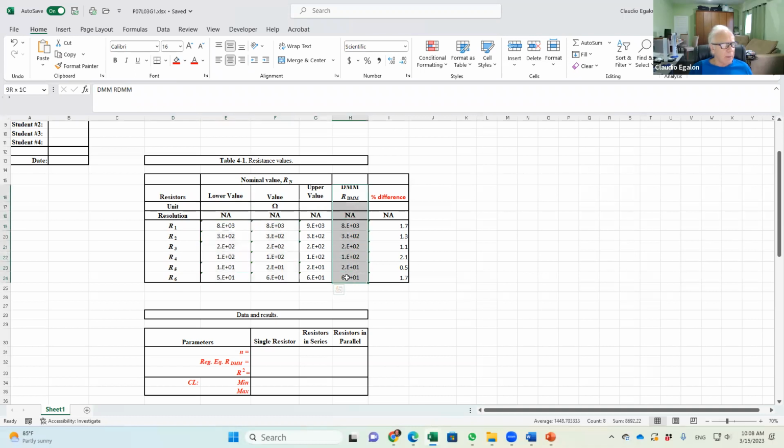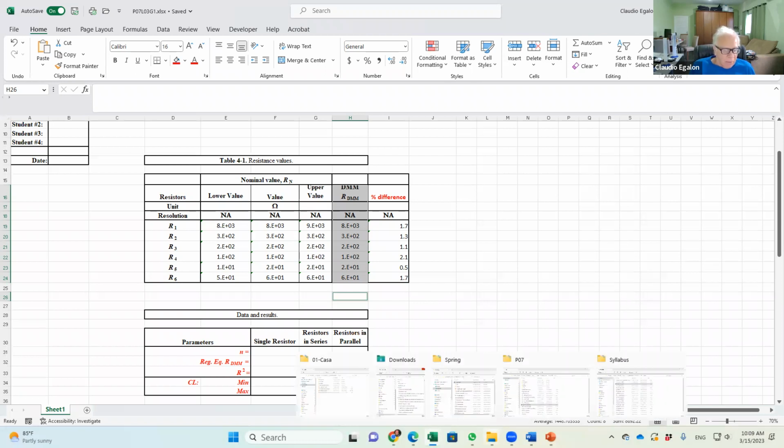Then they used the DMM, digital multimeter, to measure the resistance and recorded it here. And don't forget that you have to display the proper significant figures as well, according to that table that I gave to you.